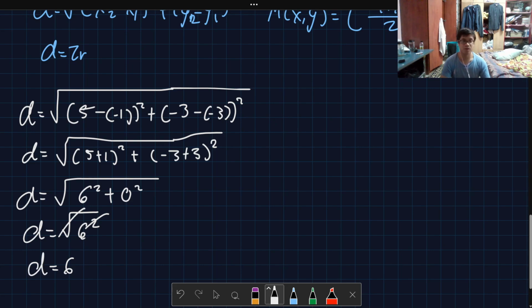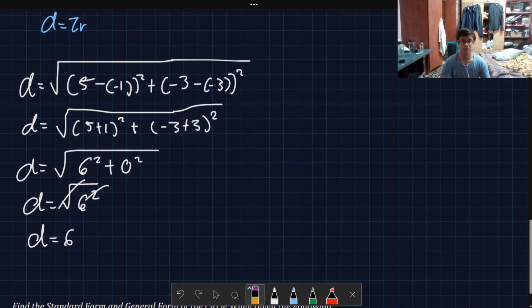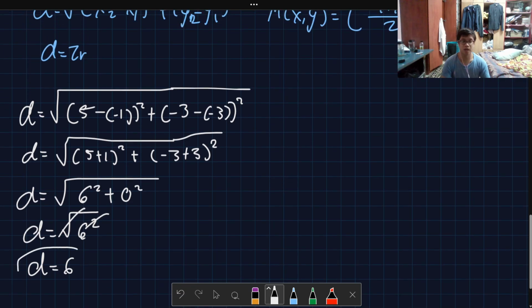Therefore, your length of diameter is 6 units long.